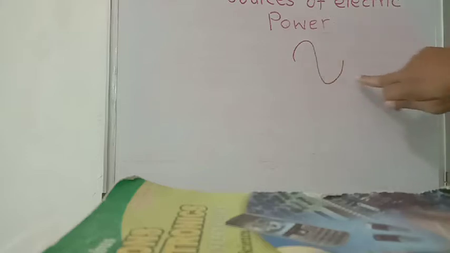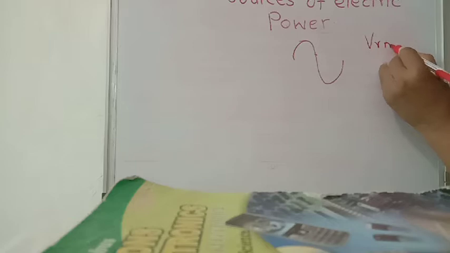When it becomes maximum, it is called peak voltage, and the voltage at any time is called instantaneous voltage. And if we measure AC voltage by a multimeter, then the multimeter gives us RMS voltage, VRMS.